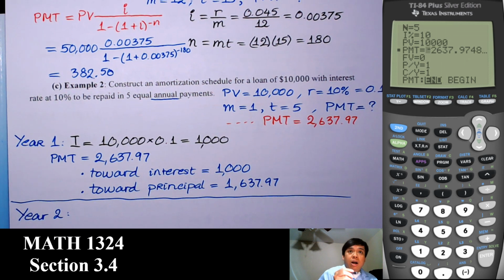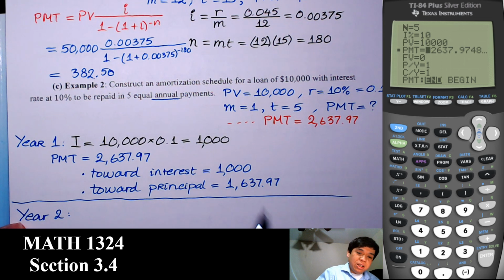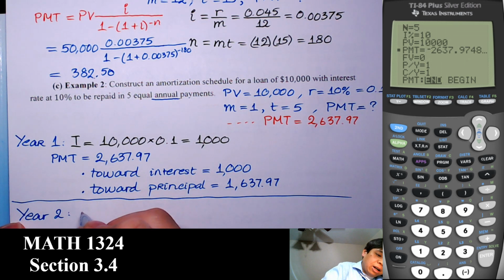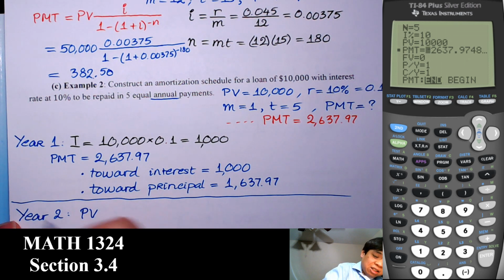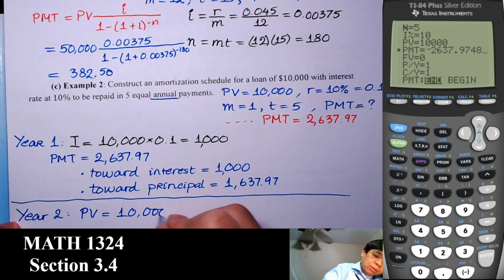First, we no longer have $10,000 as a present value because we pay off a little bit of the 10,000. So the amount now, let's say the present value at that time of the 2 years, is going to be 10,000 minus this.